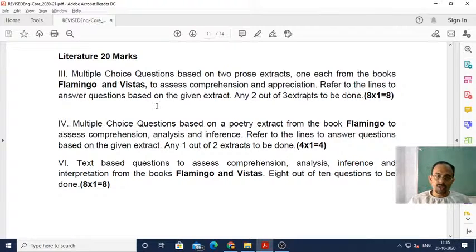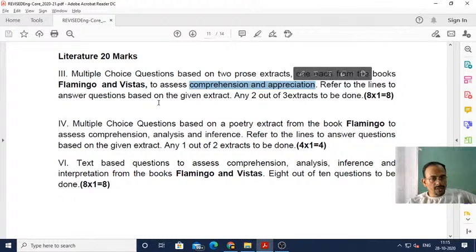There will be a total of 3 extracts, out of which you've got to answer any 2 extracts, of 4 marks each. These extract questions will be multiple choice questions, given to assess or evaluate your comprehension and appreciation of the extract. So refer to the lines to answer the questions based on the given extract.